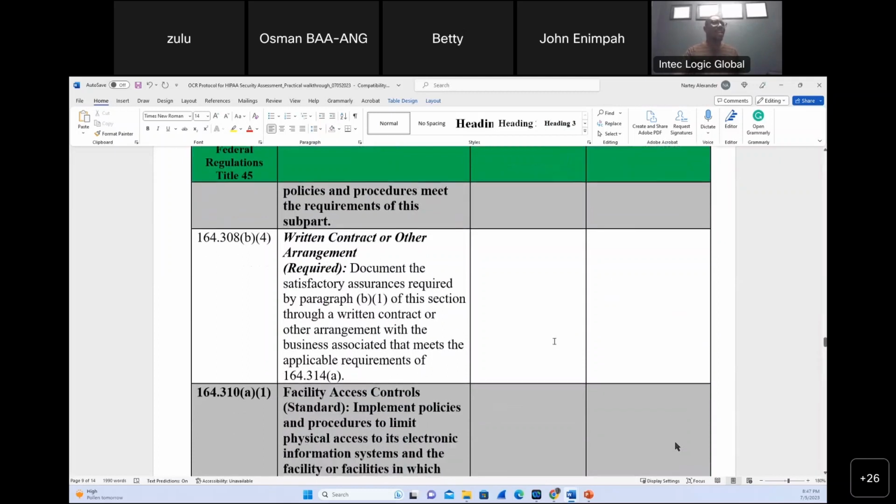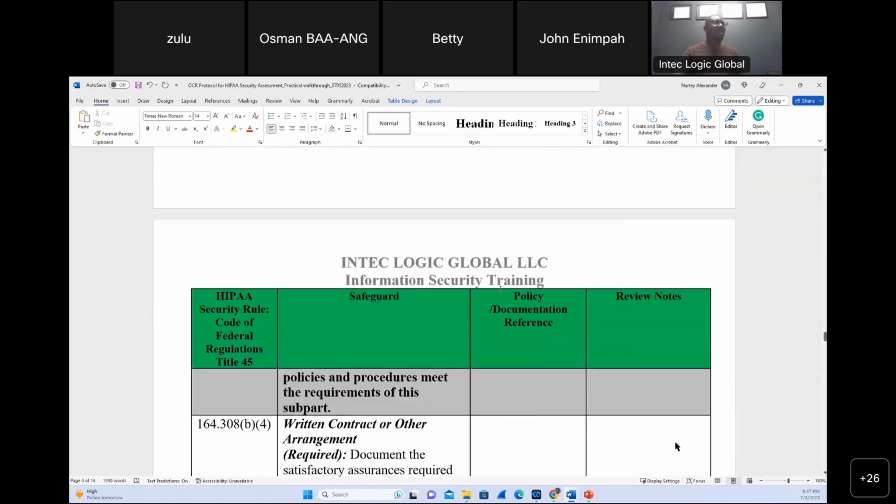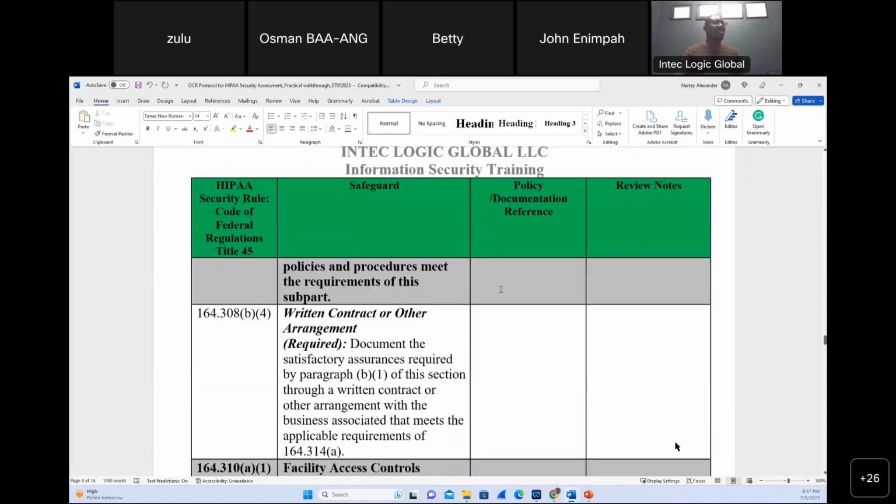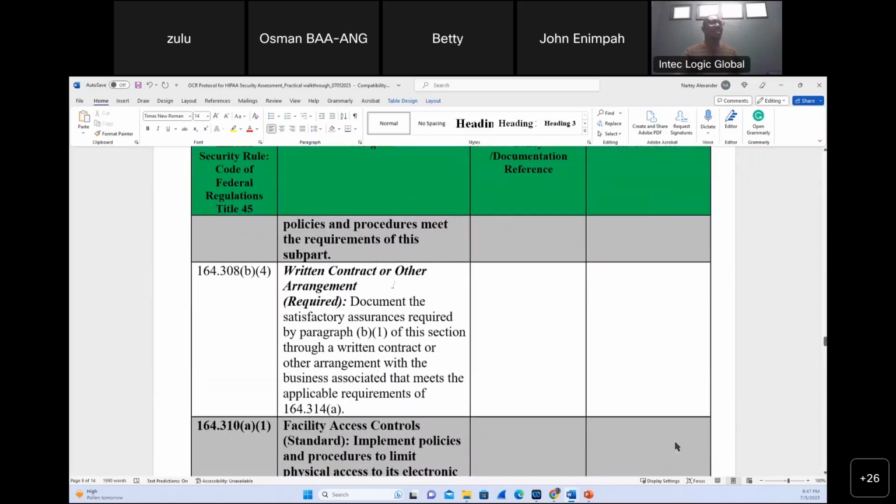The last part under the administrative is business associate agreement. I think I missed the title, but I have the requirement here. That's a written contract. So HIPAA requires that there needs to be a written contract. And I've been talking about some specific document.